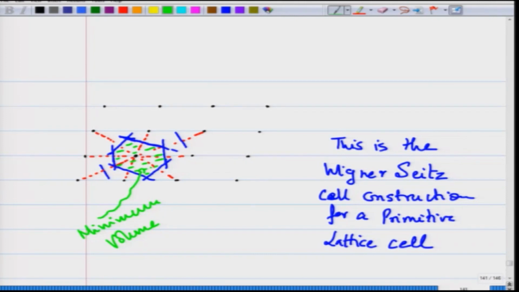And this Wigner-Seitz cell can be of course replicated across every point and they will cover the entire space. So, this is the Wigner-Seitz cell construction around a given lattice point, and this defines your primitive lattice cell associated with the lattice point, where now you can see that the minimum area which is bounded around this lattice point is your Wigner-Seitz cell, and there is one lattice point per cell.